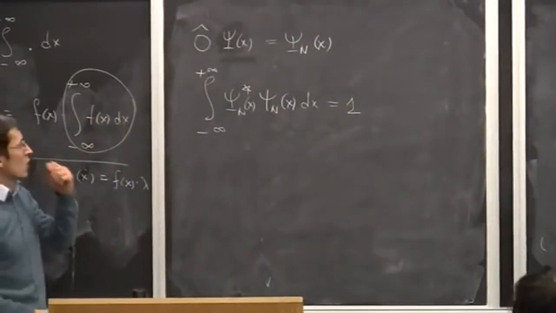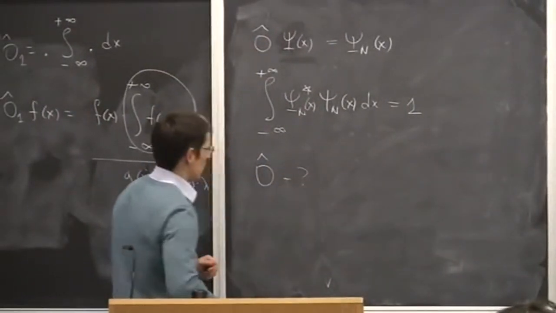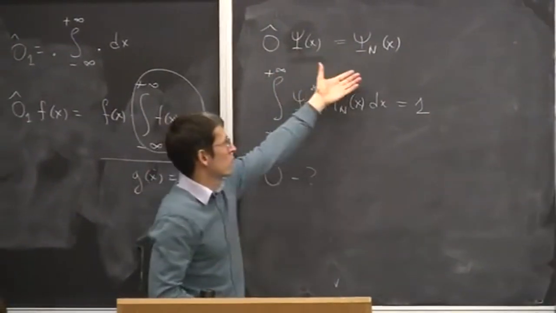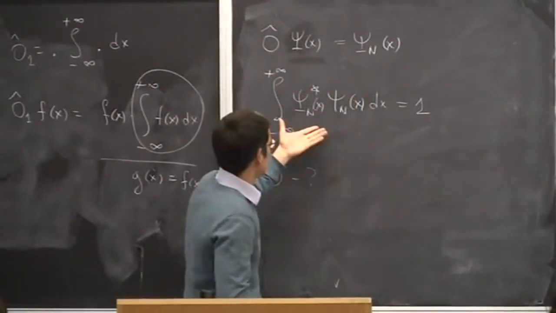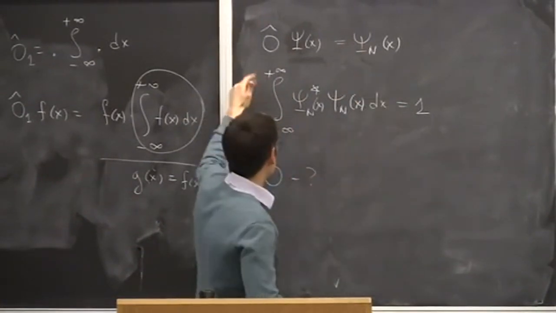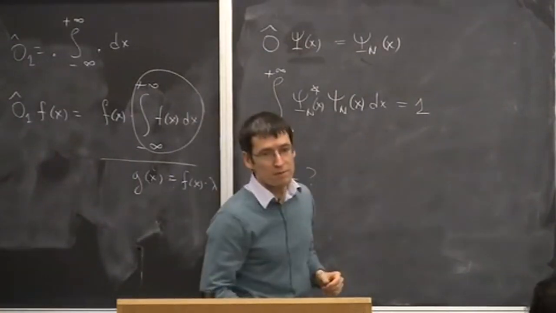Right? So the question is, what is O, so that when you give it a function, it will produce a function, and when you put the resultant function into the integral like this, you will always get 1.